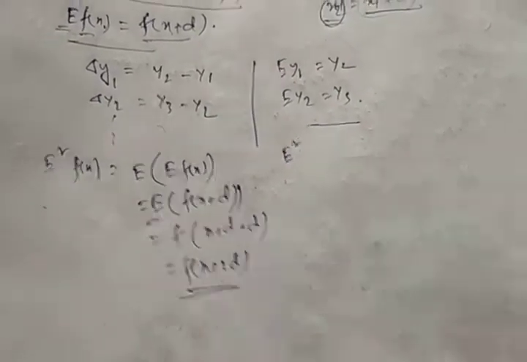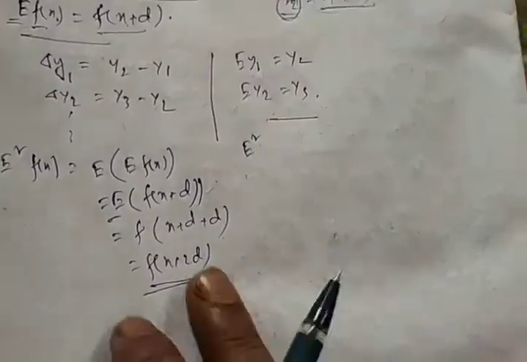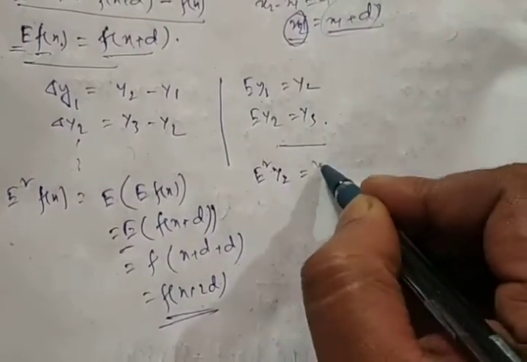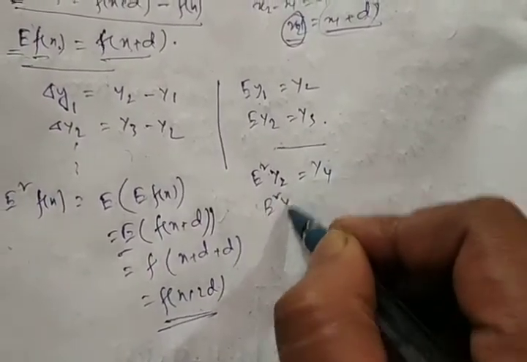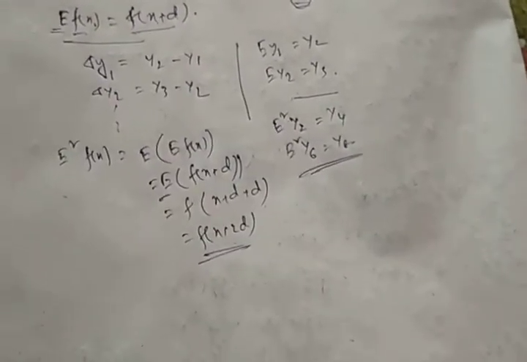So it shifts two entry values. So E squared of y2 means y4, and E squared of y6 means y8, if the values of the entries are given.